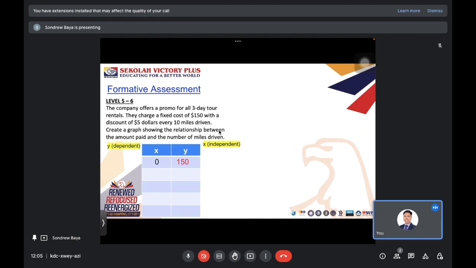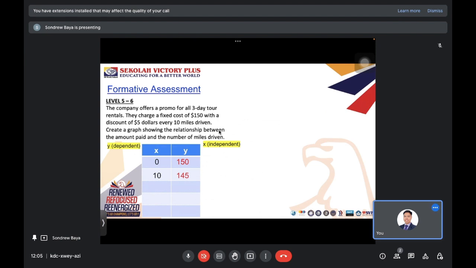Now, how about if they were able to reach 10 miles? If that is the case, then the amount they're going to pay would not anymore be 150. But then there's a discount of $5 already because they have reached 10 miles. Thus, the amount they are going to pay would now be 145. Now, what if they were able to drive for 20 miles?